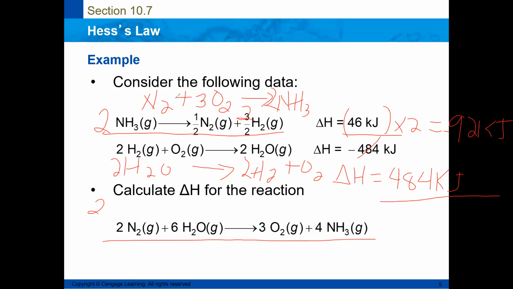Once we put it together, we got to do N2 plus, we had 3O2, right? Yields NH3, and it's two of them, two NH3s, plus two H2Os plus O2.